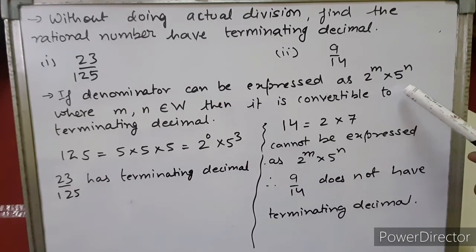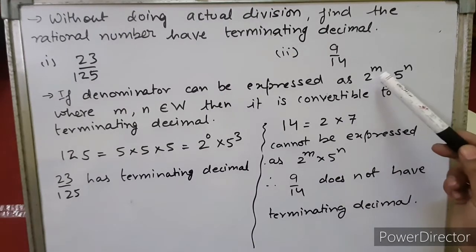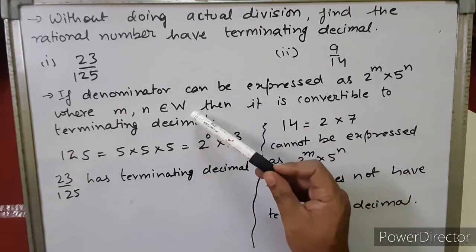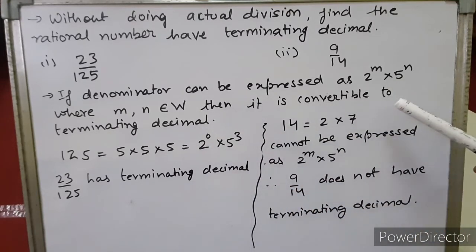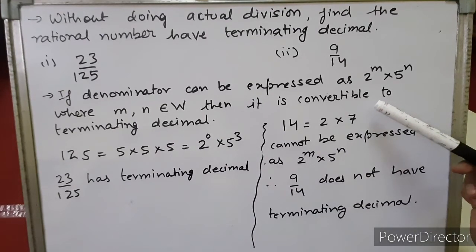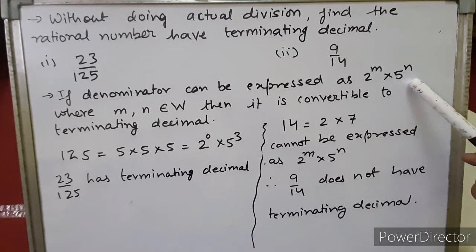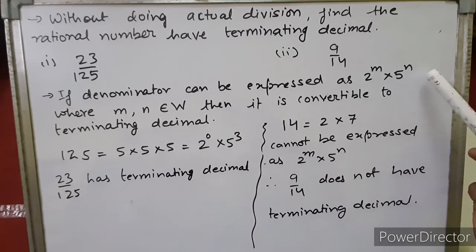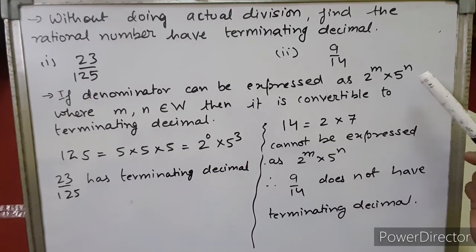If the denominator can be expressed in the form 2^m times 5^n, where m and n belong to whole numbers, then the rational number is convertible to terminating decimal representation. And if the denominator cannot be expressed in the form 2^m times 5^n, then the rational number cannot be expressed as a terminating decimal representation.